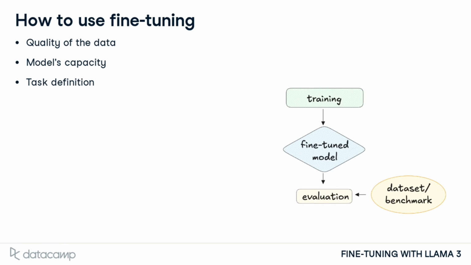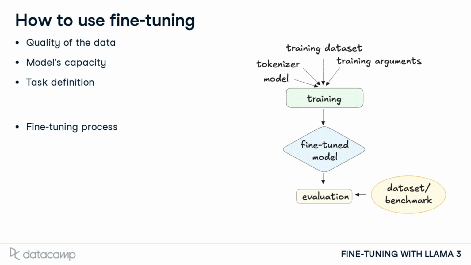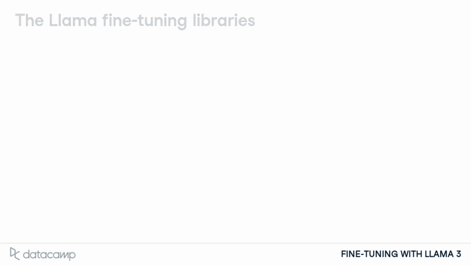This means that, for the full fine-tuning process, we need a few key components: a training dataset, a model and tokenizer, training arguments, and a fine-tuning class to initiate the training process and produce a new version of the model. The resulting model is then evaluated to ensure it meets the desired performance criteria.